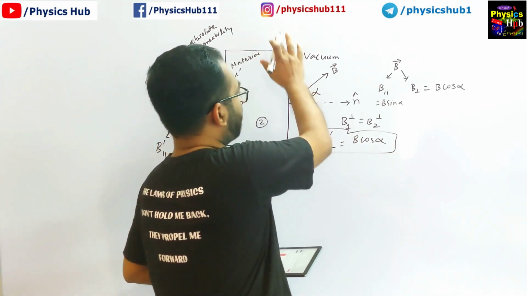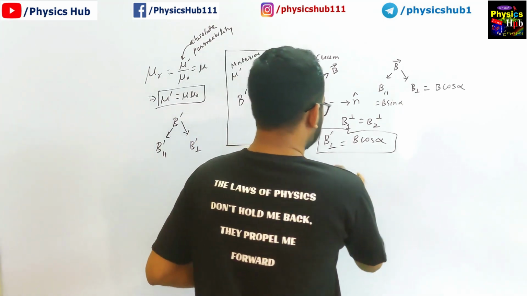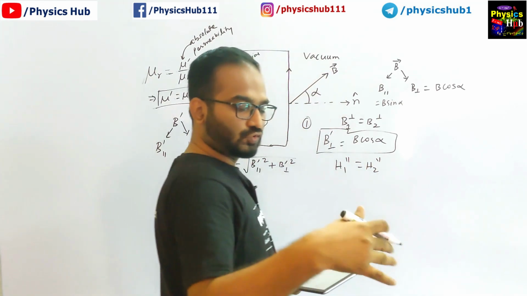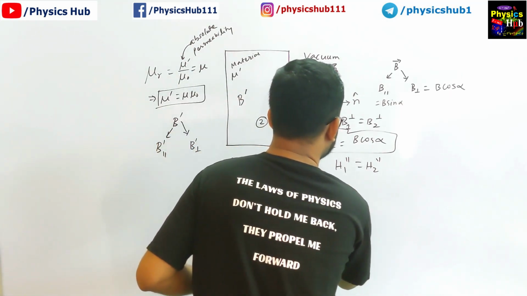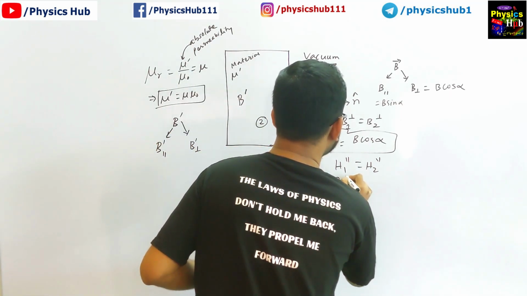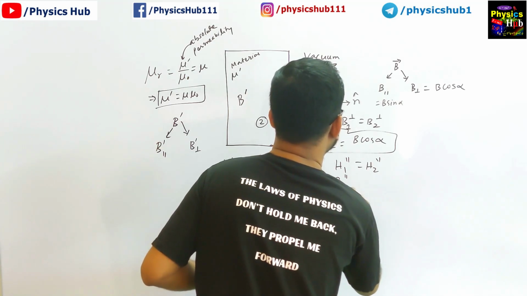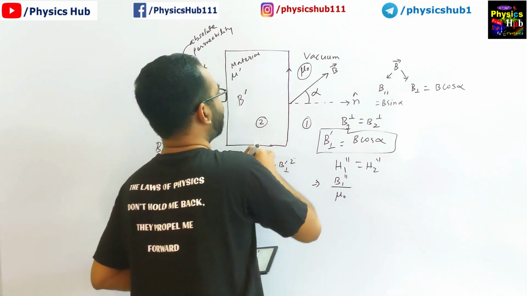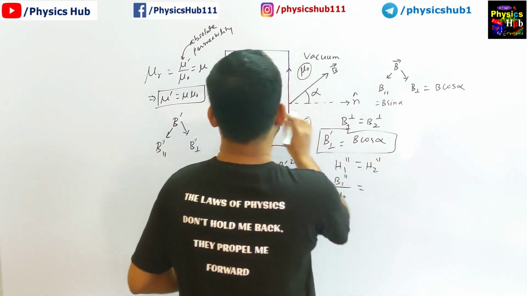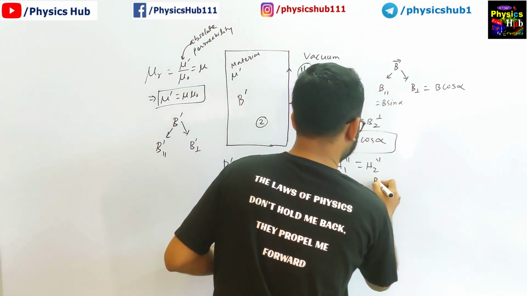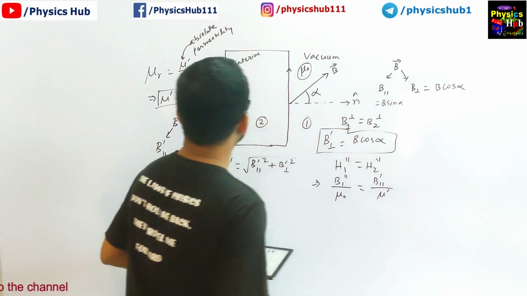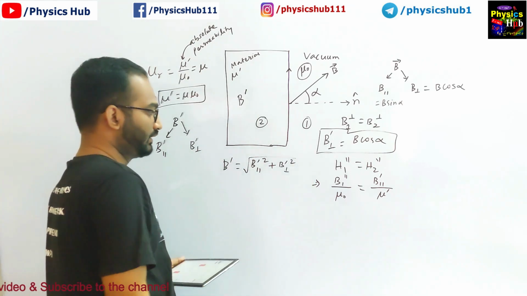So there is no surface current given here. So we can write H1 parallel is equal to H2 parallel. H is equal to B by mu. So H1 parallel is equal to B1 parallel by mu naught, because this is vacuum, so the permeability is mu naught here. But for H2 here, this is B prime parallel divided by mu prime. Mu prime is the magnetic permeability.